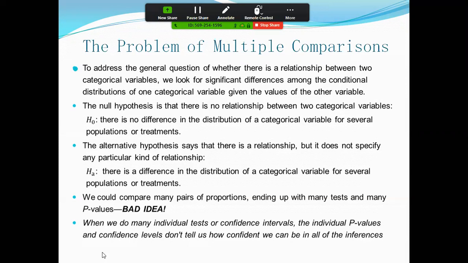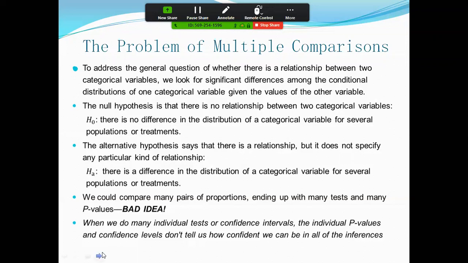H0 is that there is no difference in the distribution of a categorical variable for several populations or treatments. The alternative hypothesis says that there is a relationship, but it does not specify any particular kind of relationship. Therefore, Ha is that there is a difference in the distribution of a categorical variable for several populations or treatments.